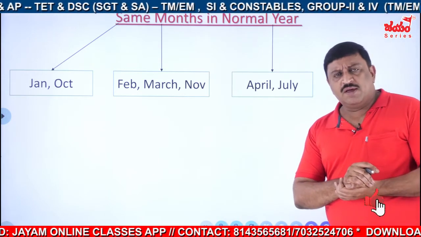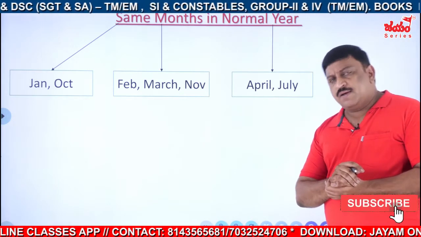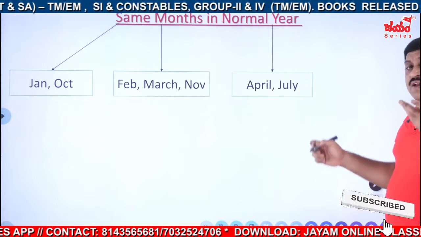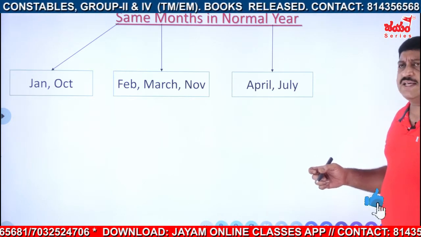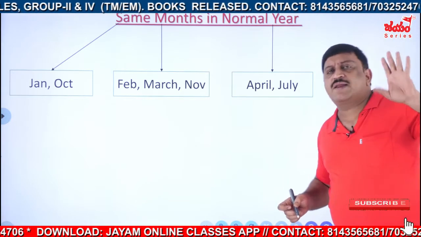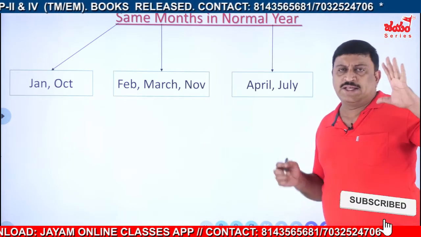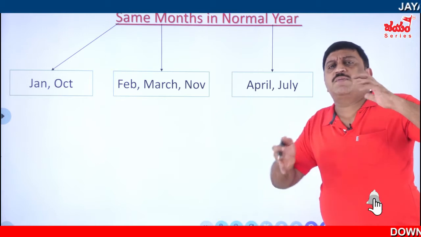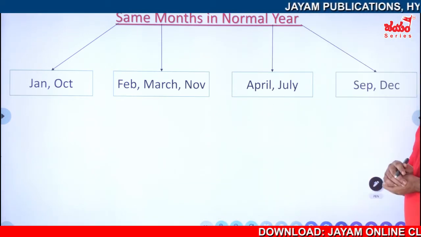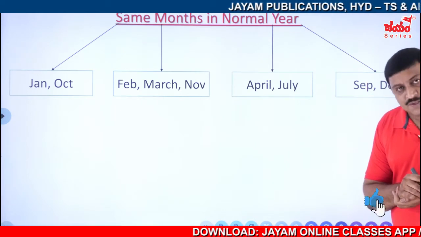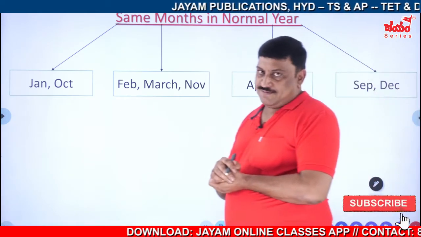Even April, July will resemble the same, right? April 30, July 31, doesn't matter, right? But you can say, instead of same calendar, it is similar calendar, right? Same means exact. Similar means almost near, right? Okay. And September, December, September pairs with December.